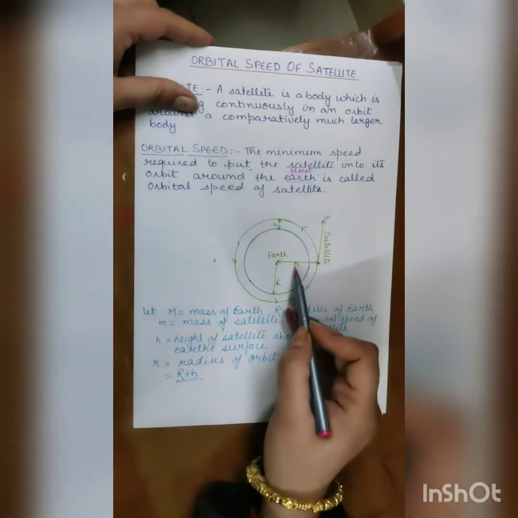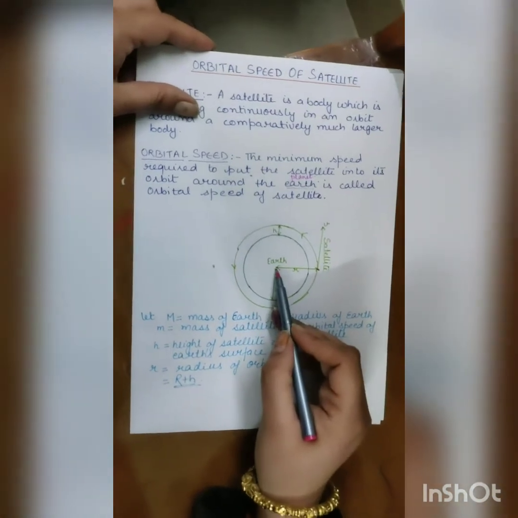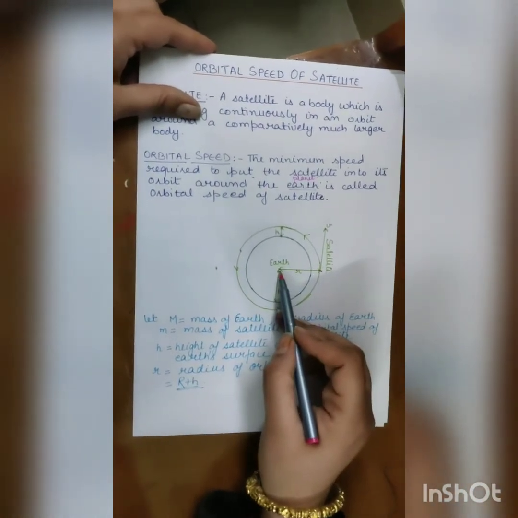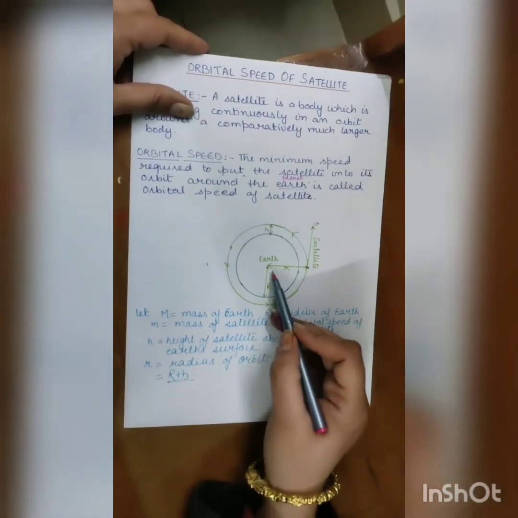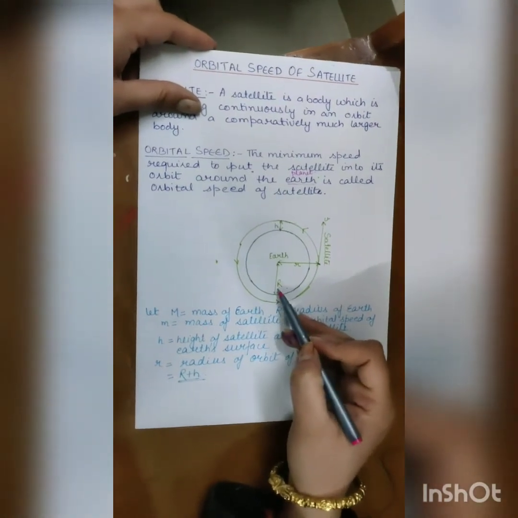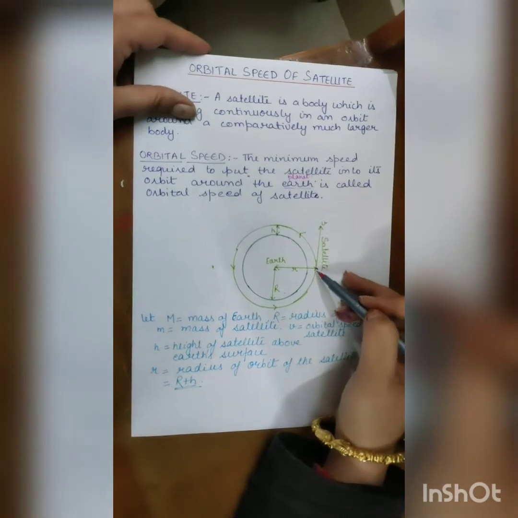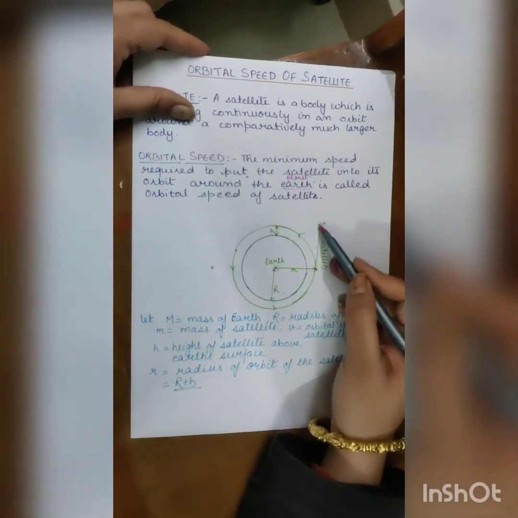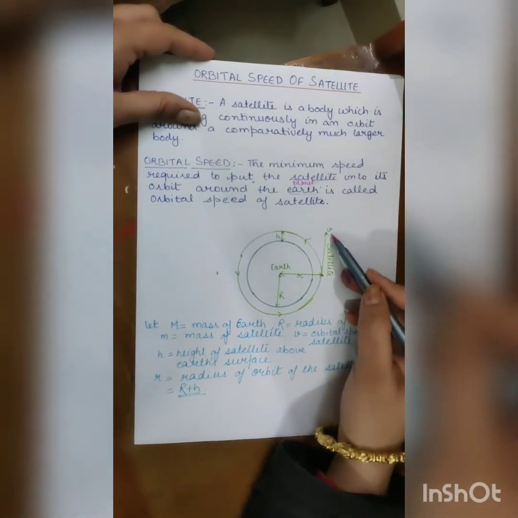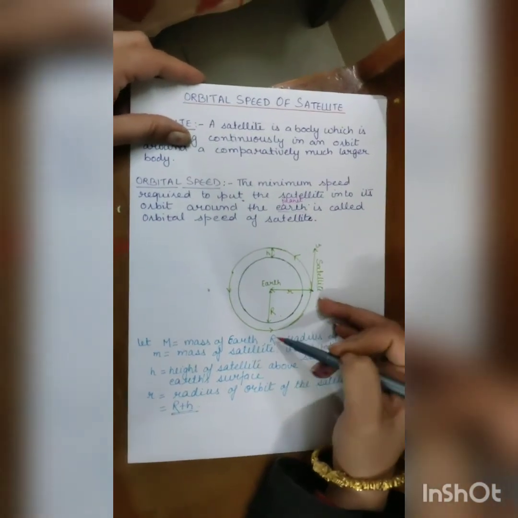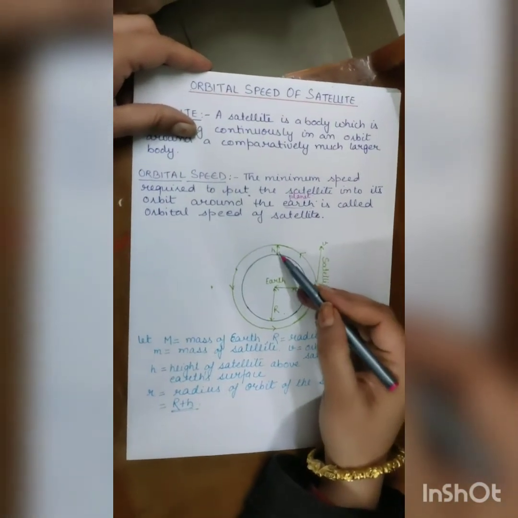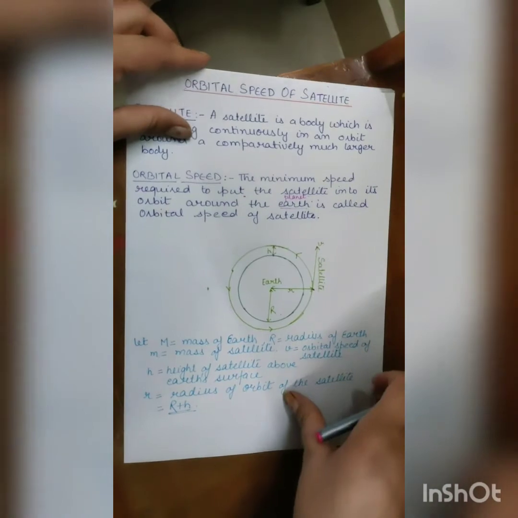This small r is the distance of satellite from the center of the Earth, so it is equal to the radius of the Earth plus the height at which the satellite is orbiting. This v is the orbital speed with which the satellite is revolving around the Earth at height h.